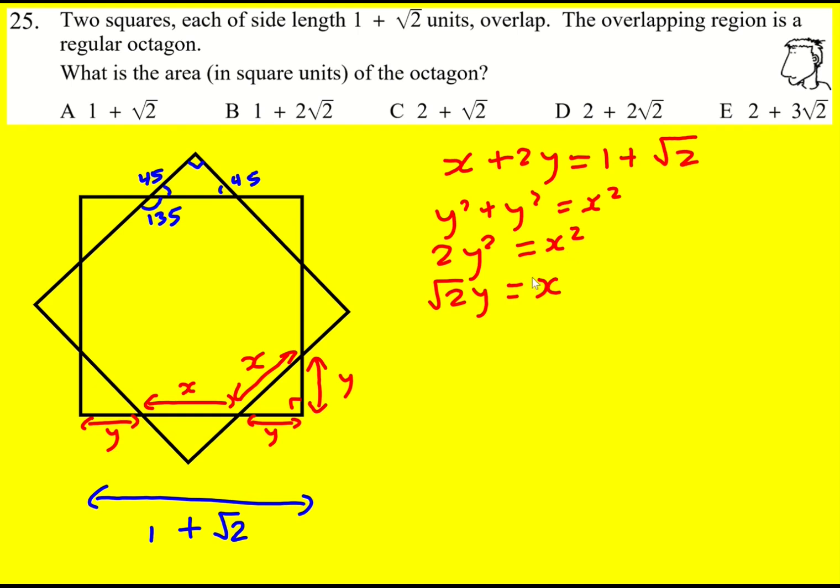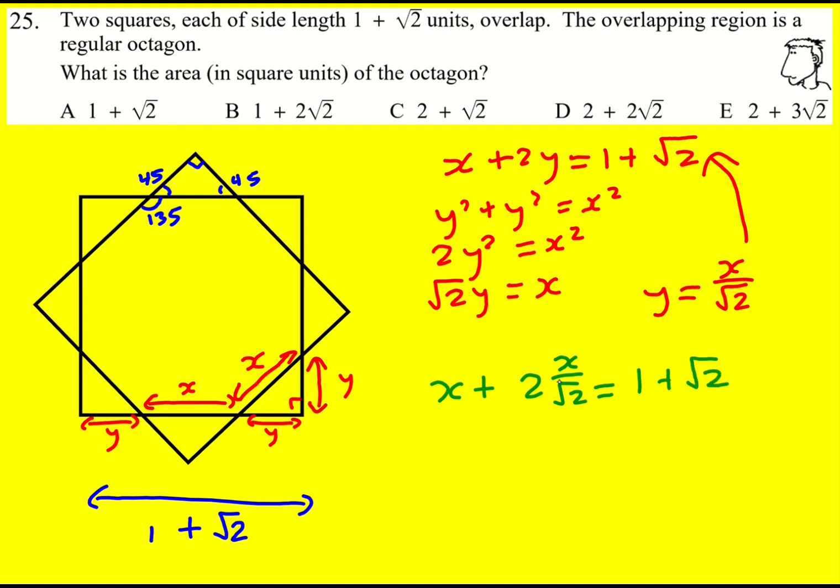Now, there's a really nice thing we can do to speed things up. When I did it, I actually took a longer route, which I will talk about, but we can rewrite it as y is equal to x over root 2. And if I substitute that into this one, then I get x plus 2 lots of x over root 2 is equal to 1 plus root 2.